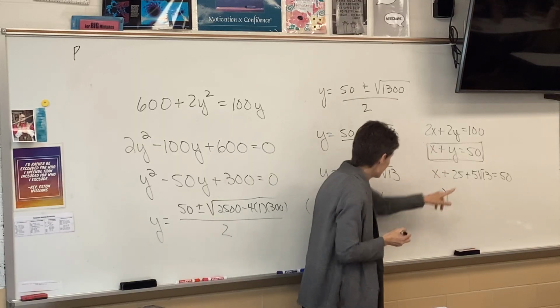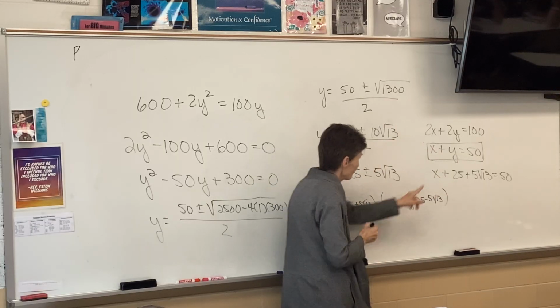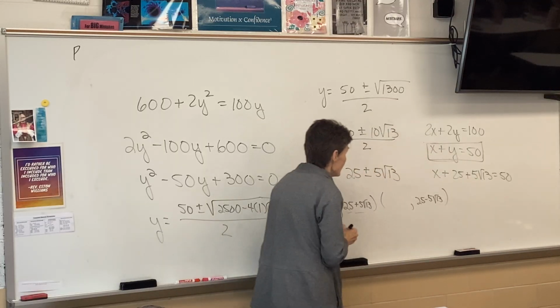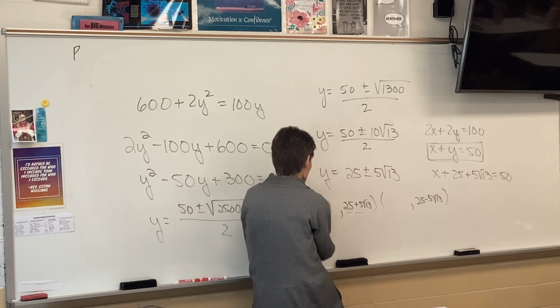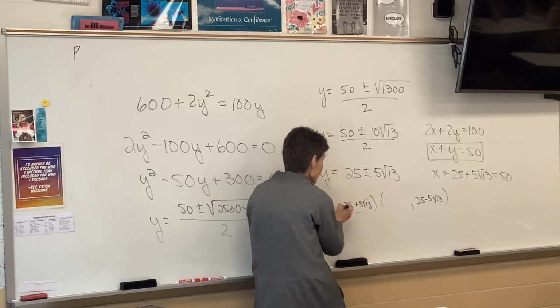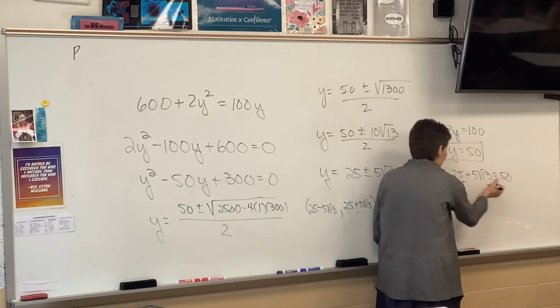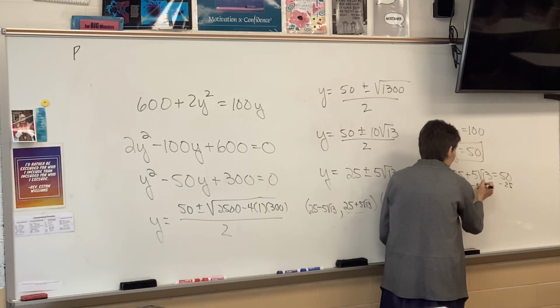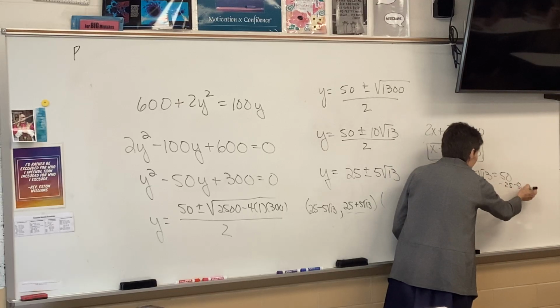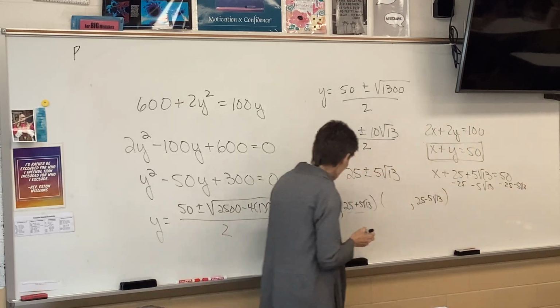X plus this y value equals 50. So won't x be 25 minus 5 root 13? If I subtract 25 and subtract 5 root 13, isn't that the x that I get?